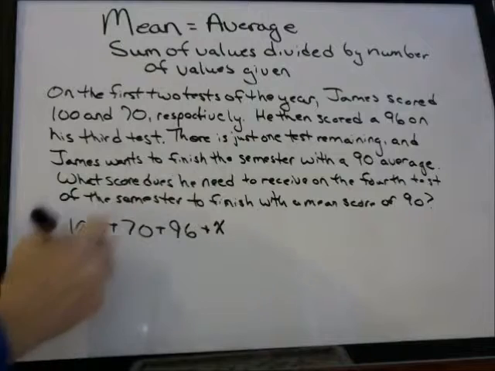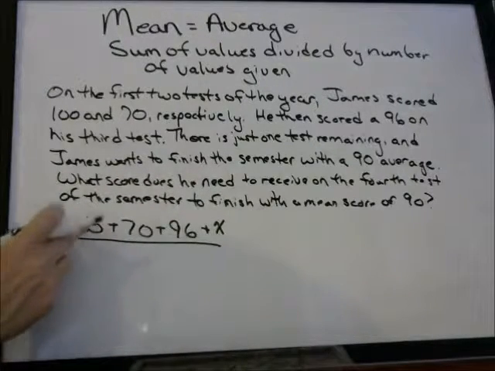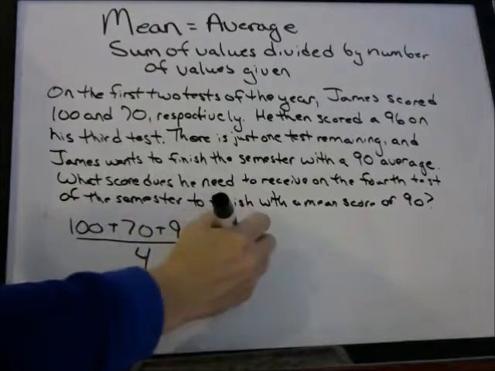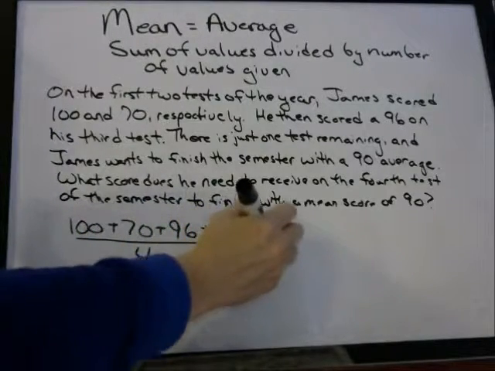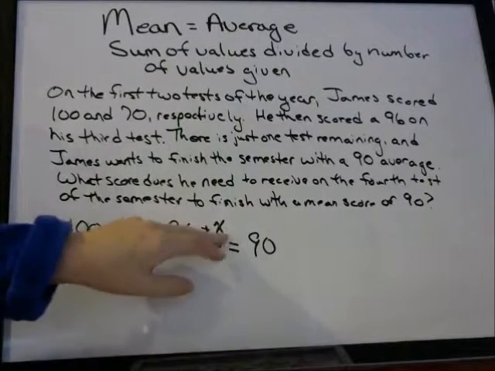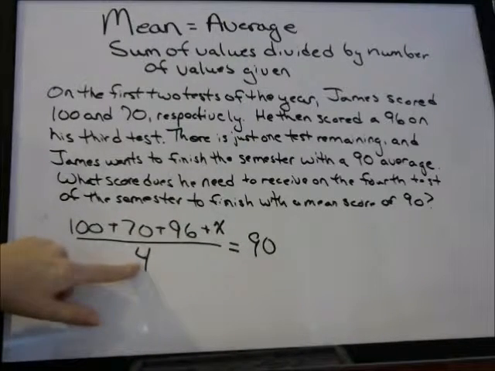X, that's what we're trying to figure out. When we find the average, we're going to divide by how many there are. There's 1, 2, 3, 4 tests, and he wants to get a 90. So again, we're going to solve for X, just like we did last time. You need to be able to do this. So we need to get rid of this 4 on the bottom.